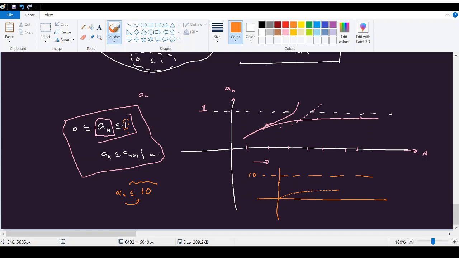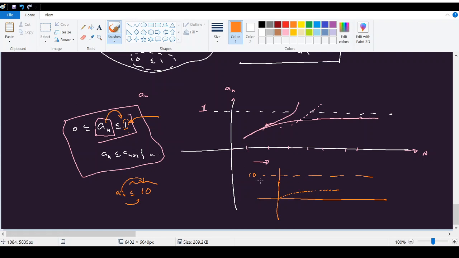So this number being an upper bound itself does not guarantee that the sequence will converge to this specific number, because you can take any number you need as the upper bound as long as it is greater than 1 in this case, right?